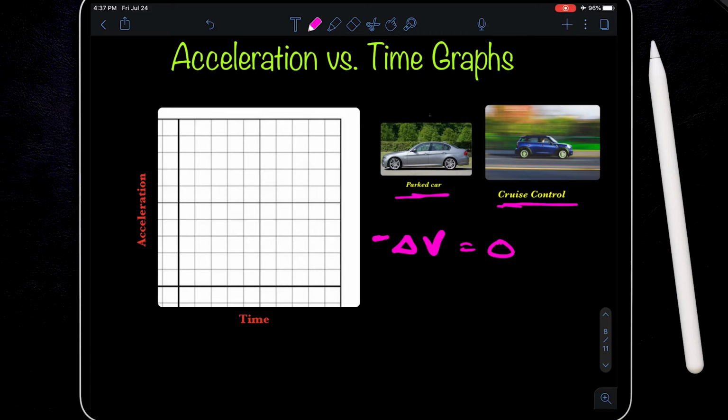There's no change in the velocity. And I could also say that the acceleration is equal to 0 meters per second squared. So in both of these cases, there is no acceleration. So your acceleration versus time graph would just be a flat line right here on the x-axis.